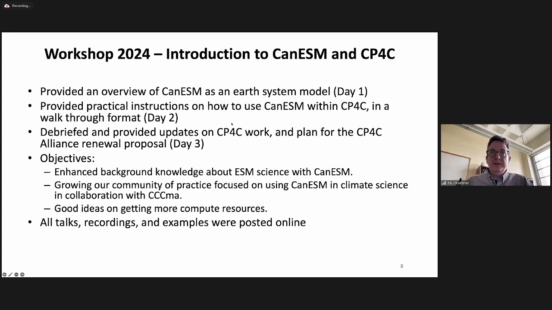The CCCma group gave a nice overview of CanESM as an Earth system model. They gave practical instructions on how to use CanESM within CP4C as a walkthrough. And then on day 3, we talked about CP4C and the various projects we have running on it.